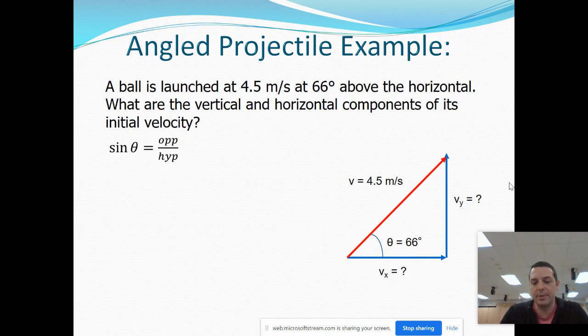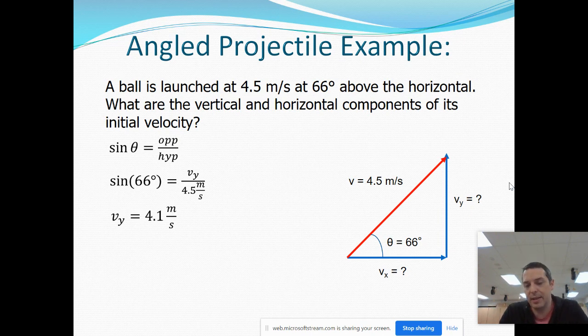So the sine of 66 is equal to the magnitude of our vertical component, the velocity in y, divided by the hypotenuse, 4.5 meters per second. If we take sine of 66 and multiply it by 4.5 meters per second, you get a velocity in the vertical direction of 4.1 meters per second.